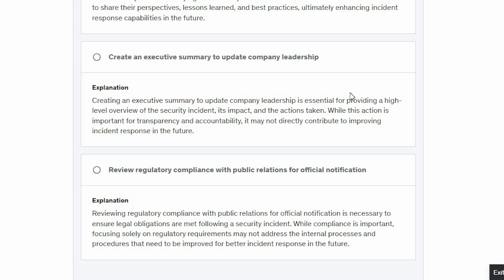While compliance is important, focusing solely on regulatory requirements may not address the internal processes and procedures that need to be improved for better incident response in the future. So, review regulatory compliance with public relations for official notification is also not the right answer for this scenario.